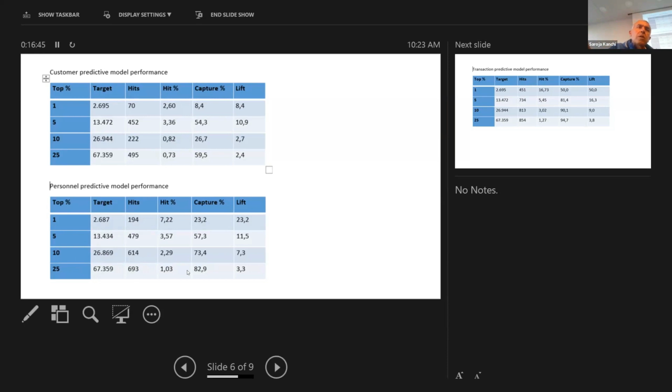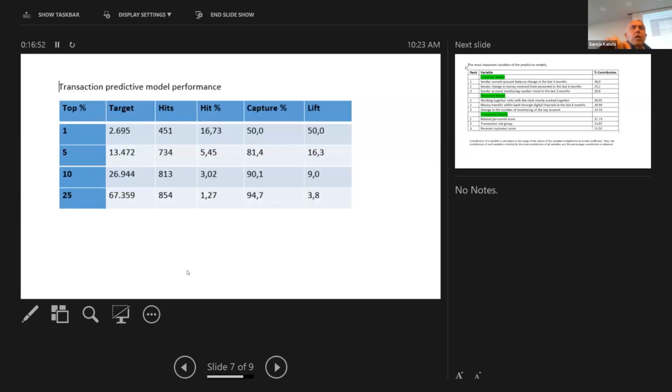So what is important is actually the performance of the last score, which combines everything. When we look at that, we see that it is much more powerful. Even in the top 1%, we can obtain a 50% capture. So when we go down to 25%, 95% of all fraud transactions can be captured.